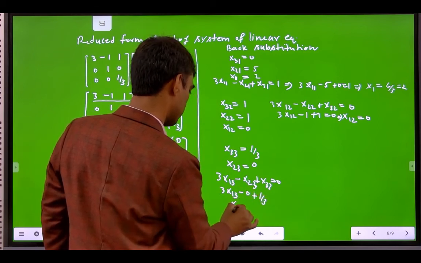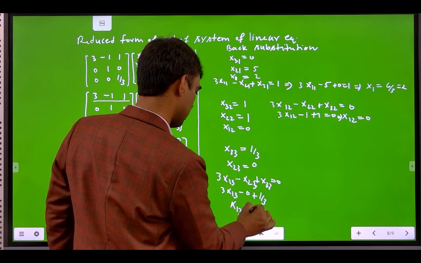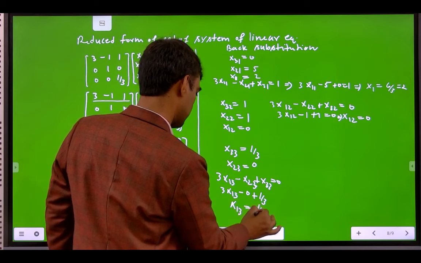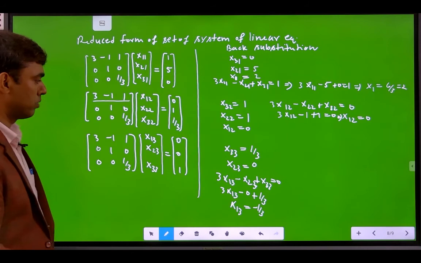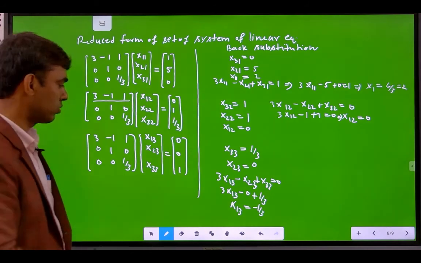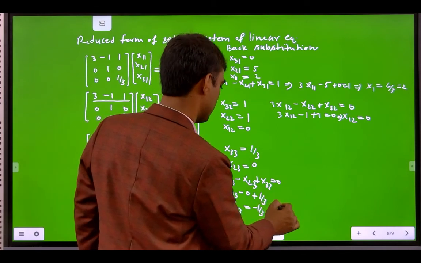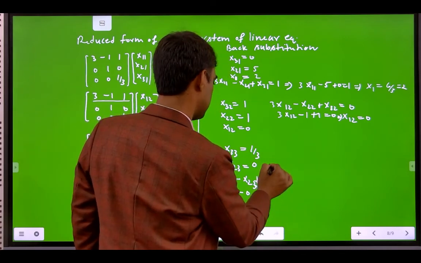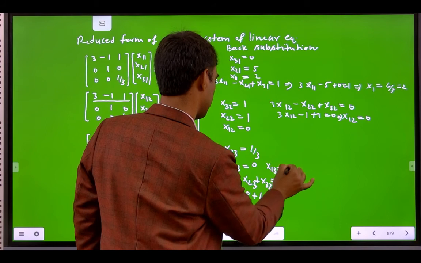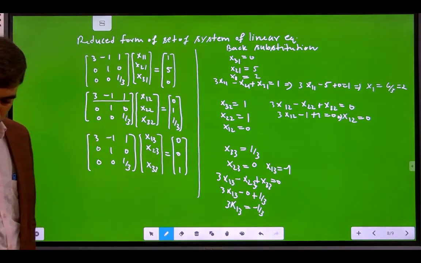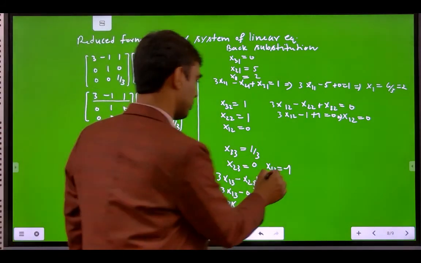So x13 is minus 1 by 3 into 3. So x13 is minus 1.